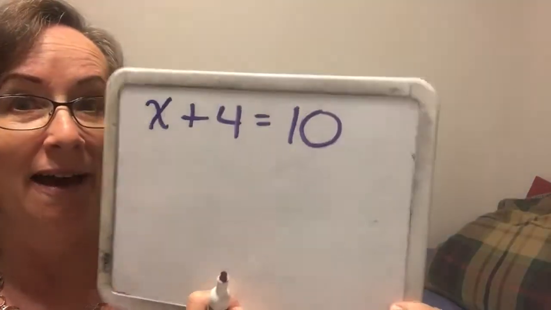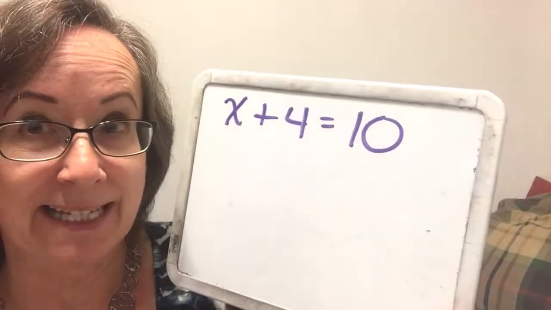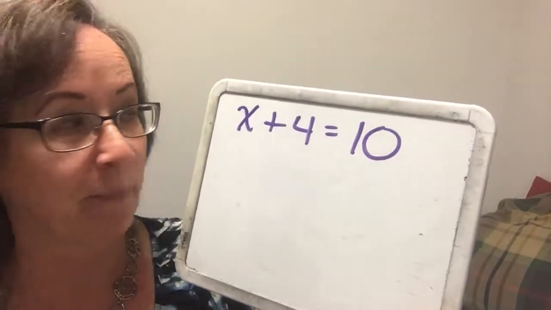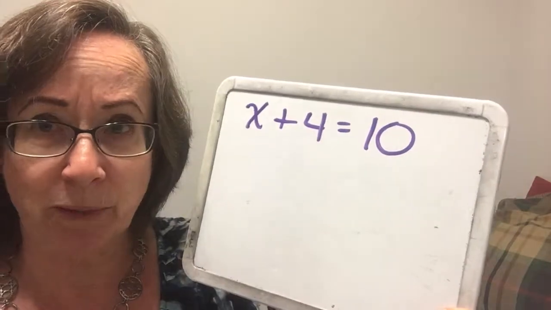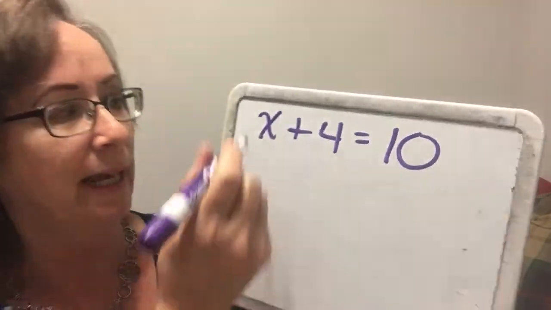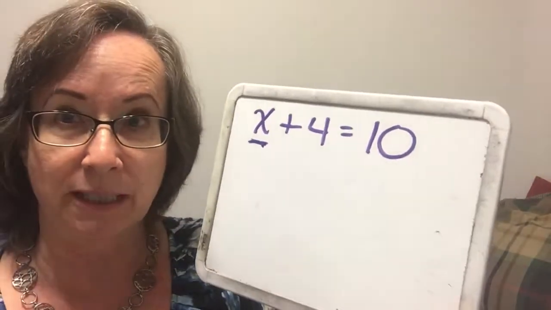So now we're going to play with these solutions a little bit. This is a very short lesson. We have x plus 4 is 10. This is your first example. Well, our goal when we're trying to solve an equation is to find out what x is going to be.